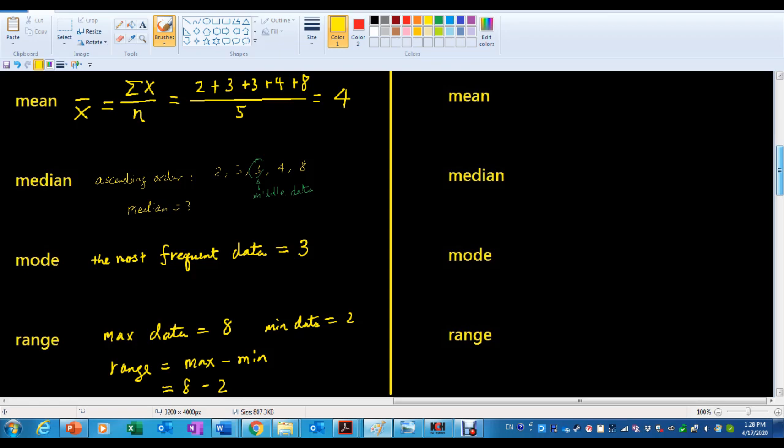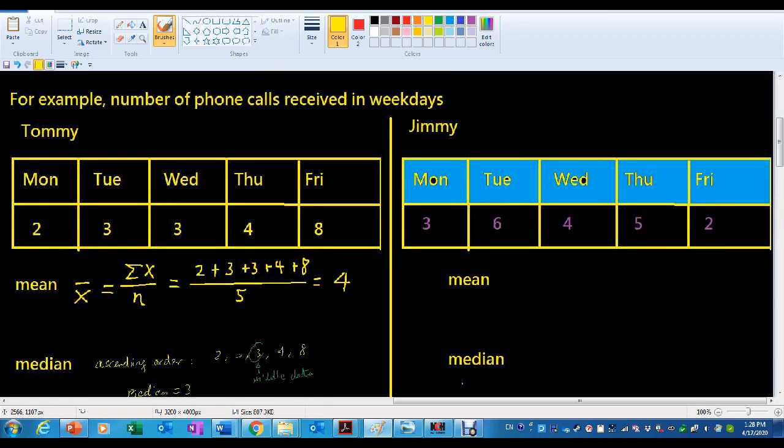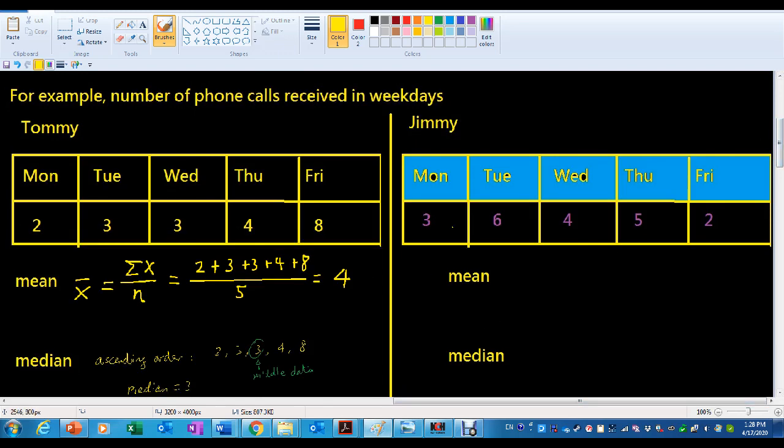So why do we need to learn all sorts of these things? Let's compare another similar set of data. It's also about number of phone calls received in weekdays, but this is for another person called Jimmy. So number of phone calls during weekdays for Jimmy is 3, 6, 4, 5, 2. So how could we calculate the mean? Remember, the way to calculate mean is always sum of all data divided by number of data, right?